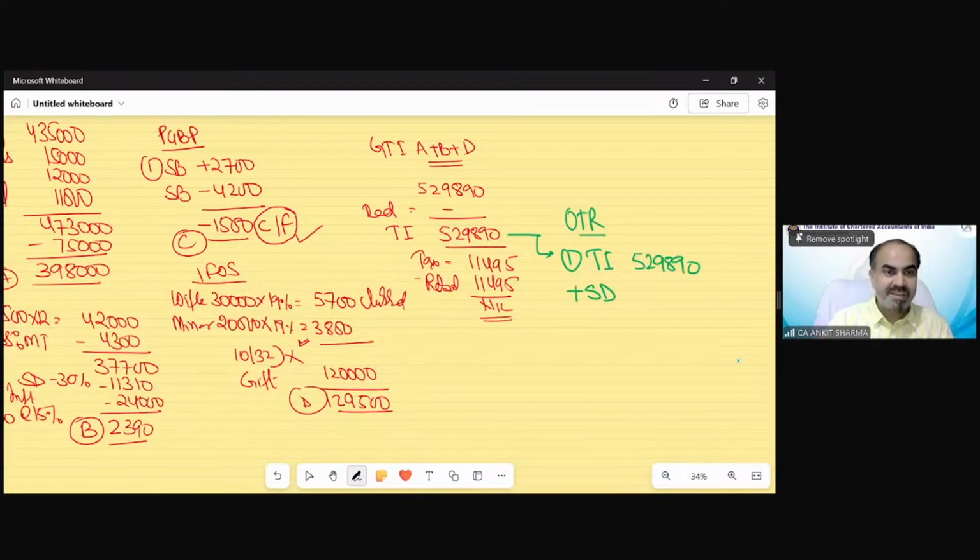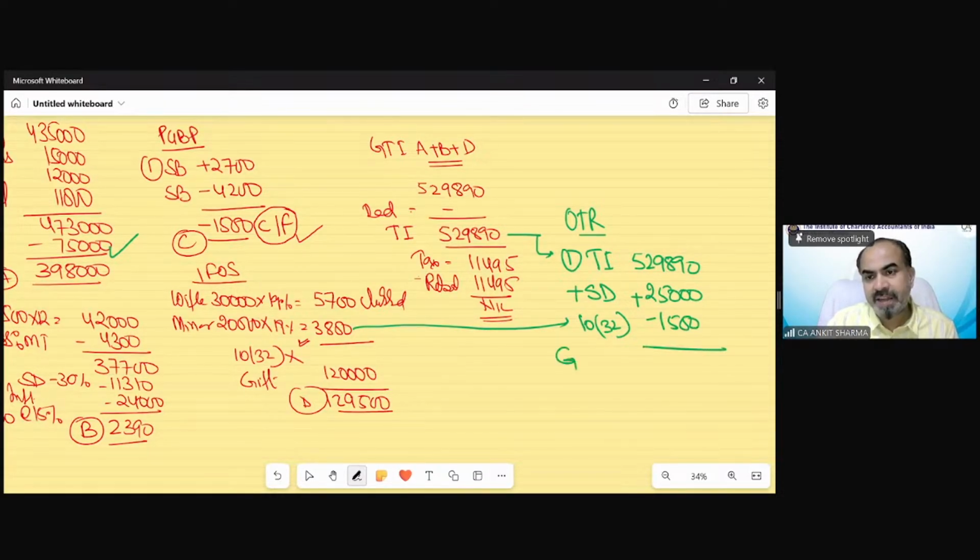In default tax regime, it is 75,000. In optional tax regime, it is only 50,000. So 25,000 need to be increased due to the effect of this. Then we can claim a clubbing exemption. In case of optional tax regime, section 10(32) exemption can be claimed, 1,500 rupees.